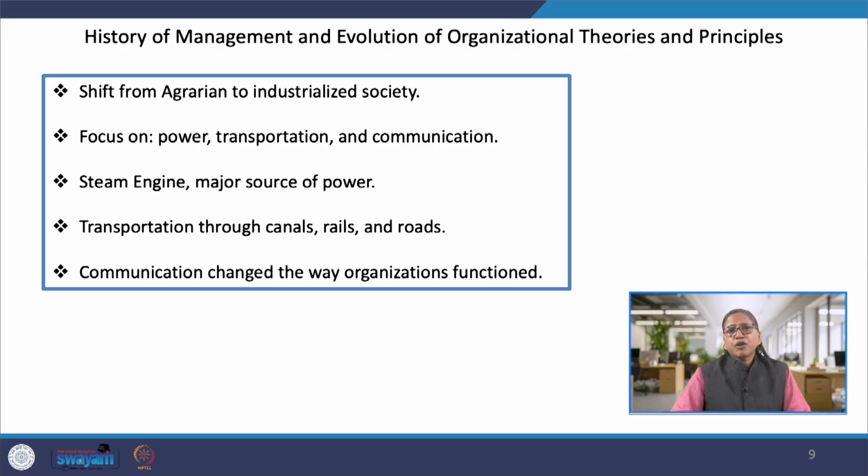There was a shift from an agrarian to an industrialized society, and the focus was on power, transportation and communication. The focus was on the steam engine as a major source of power. Transportation was through canals and railroads, and communication, through the telephone, changed the way organizations functioned.